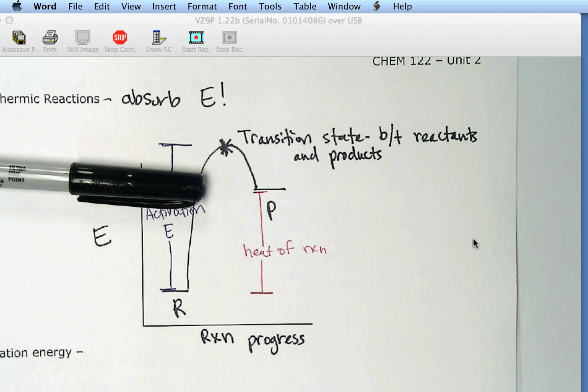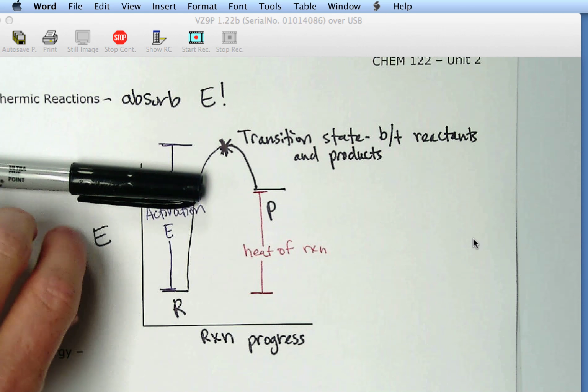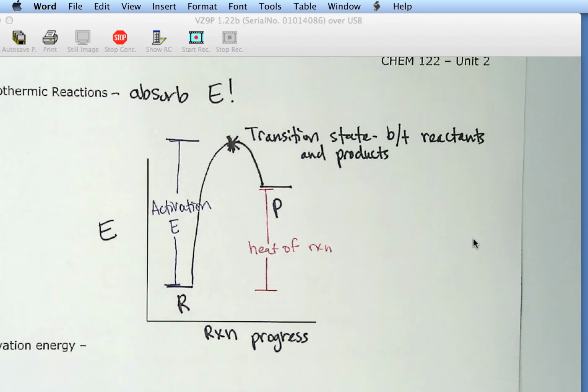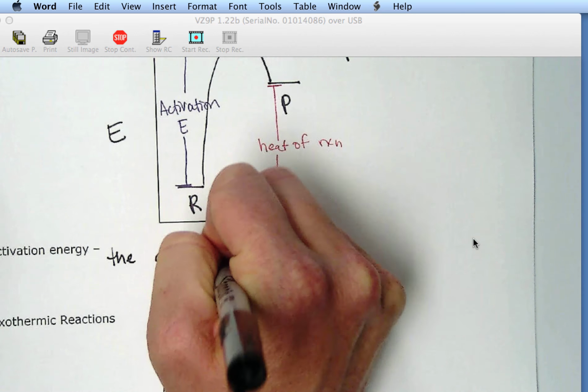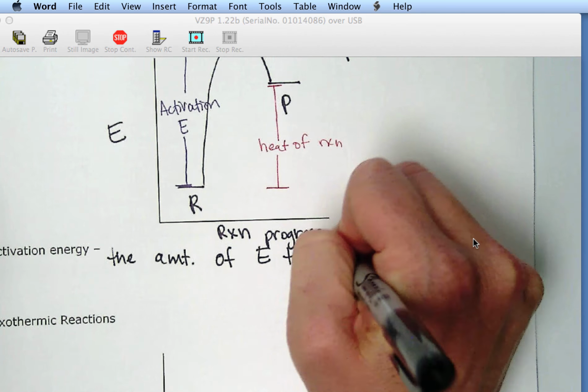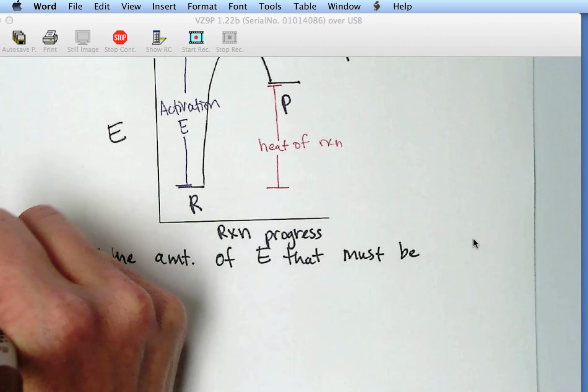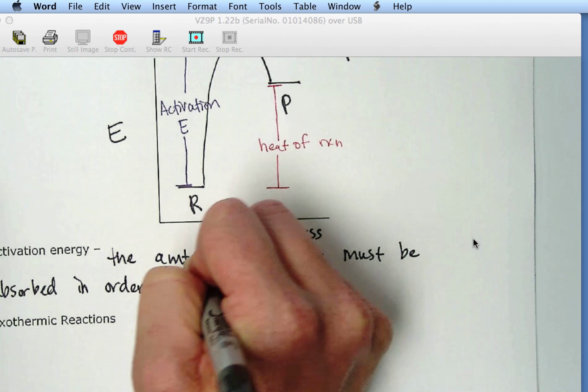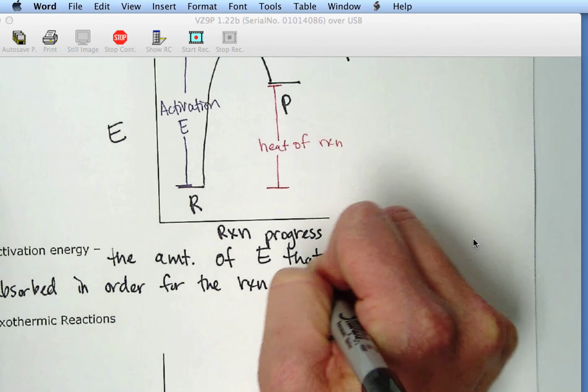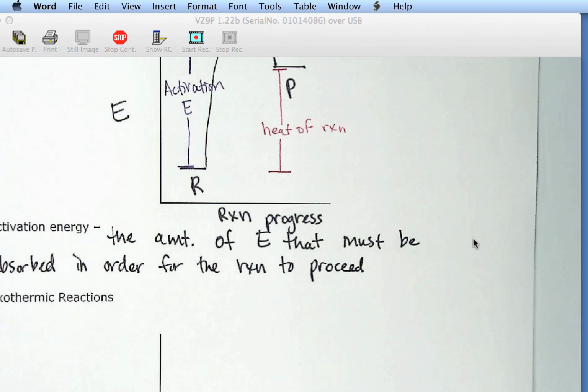Kind of like, okay, that's enough energy to get my leg or my arm off the couch, but it's not my whole body. So the activation energy is the amount of energy that must be absorbed for the reaction to proceed.